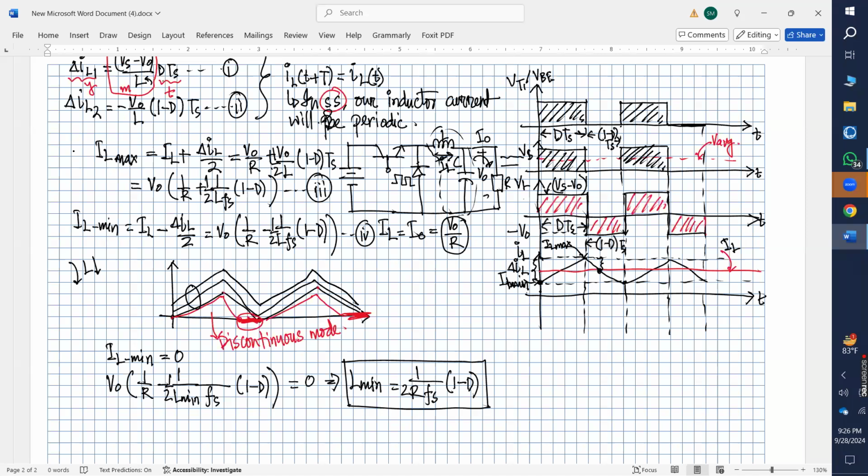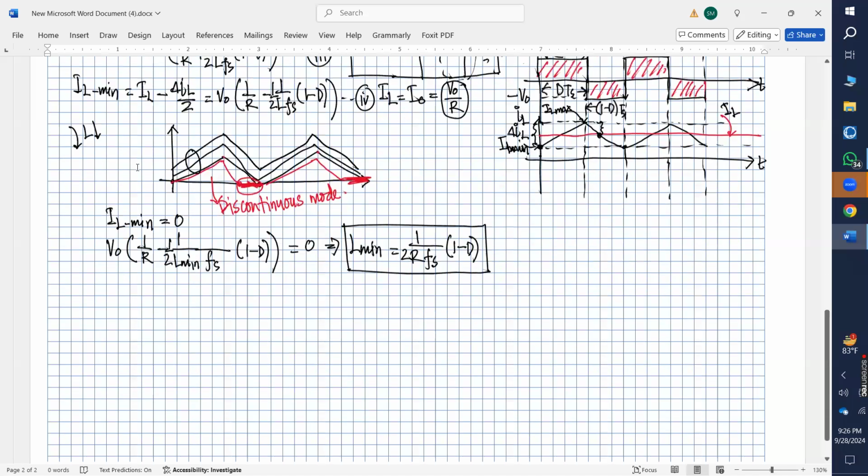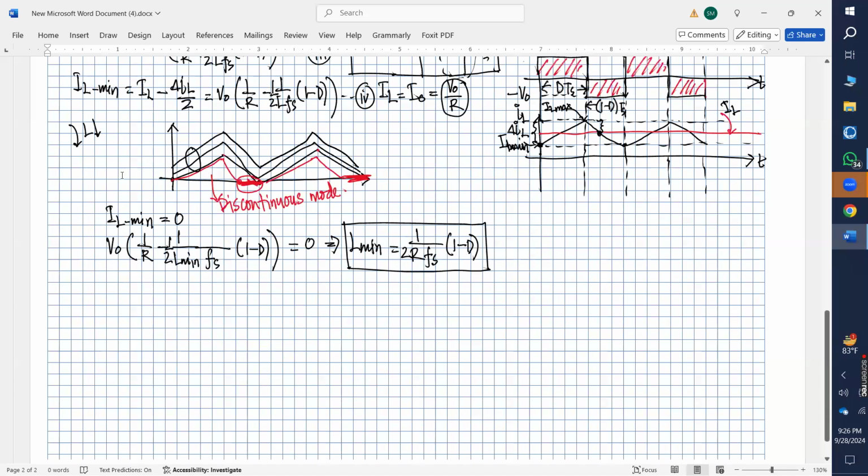So now we got the value of the inductance, and we have to make sure that we have at least an inductance value higher than this L min value. Now in your circuit, you have an inductor, then a capacitor, and then a load, that is R, with plus minus.